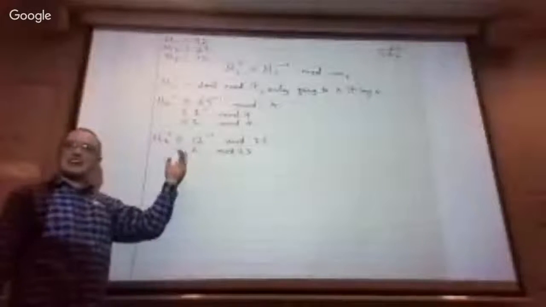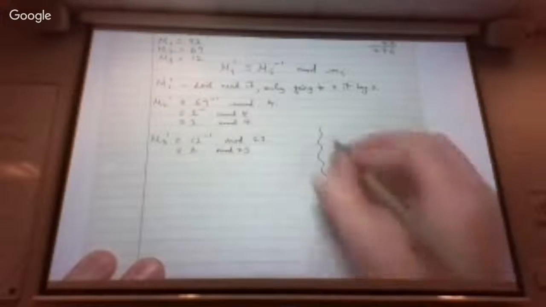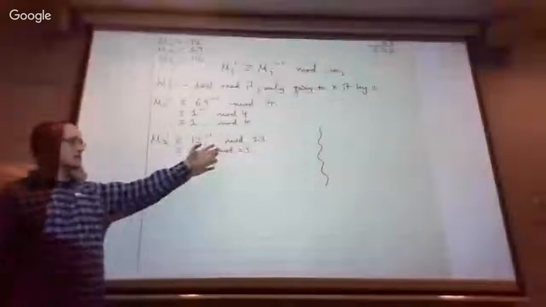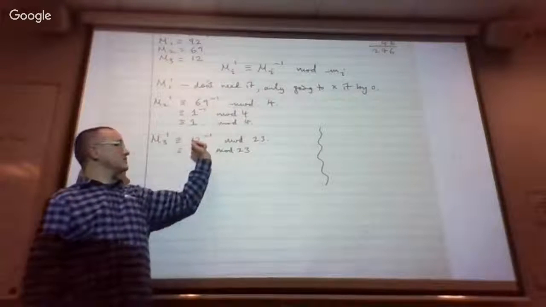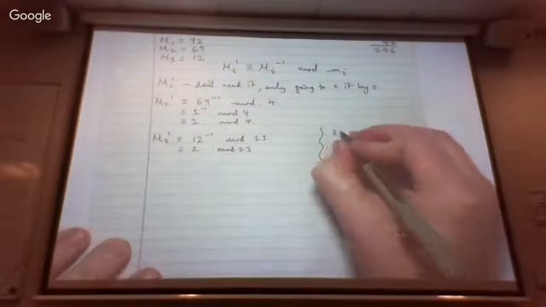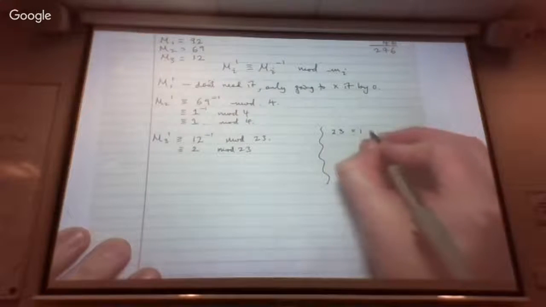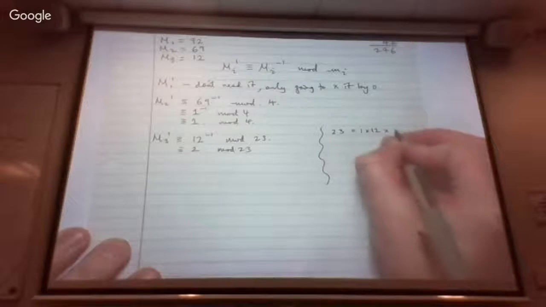But remember, if the answer doesn't just arrive in your mind, remember the ways to obtain it. One way is to see it only has an inverse when it's co-prime to the modulus. It is co-prime to the modulus here. So you can run the Euclidean algorithm between 12 and 23, and you will get a linear combination of 12 and 23 that is equal to 1.